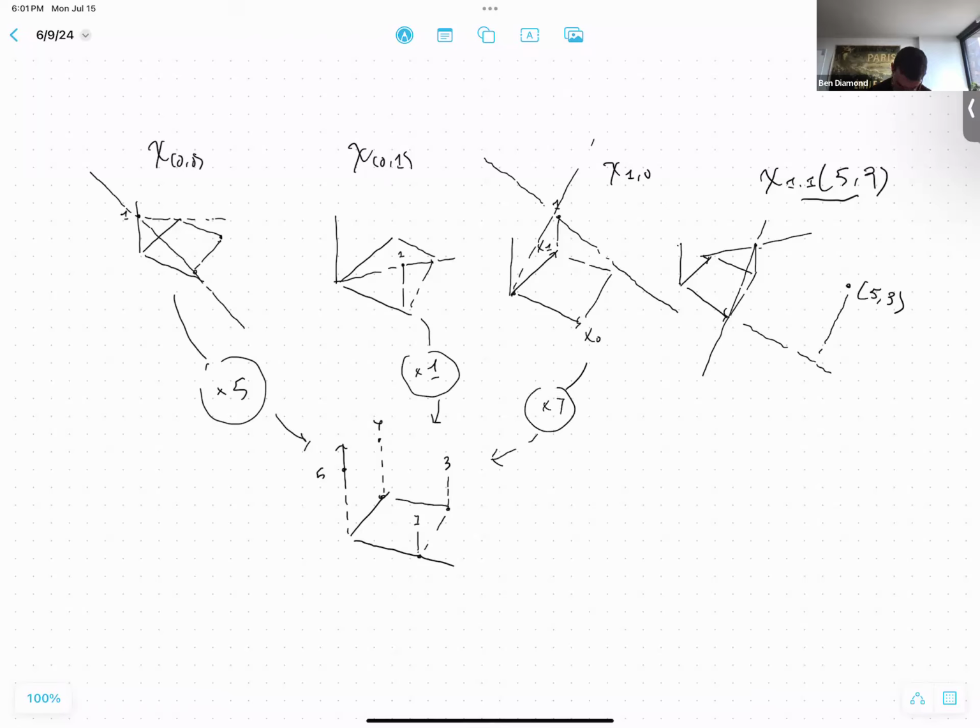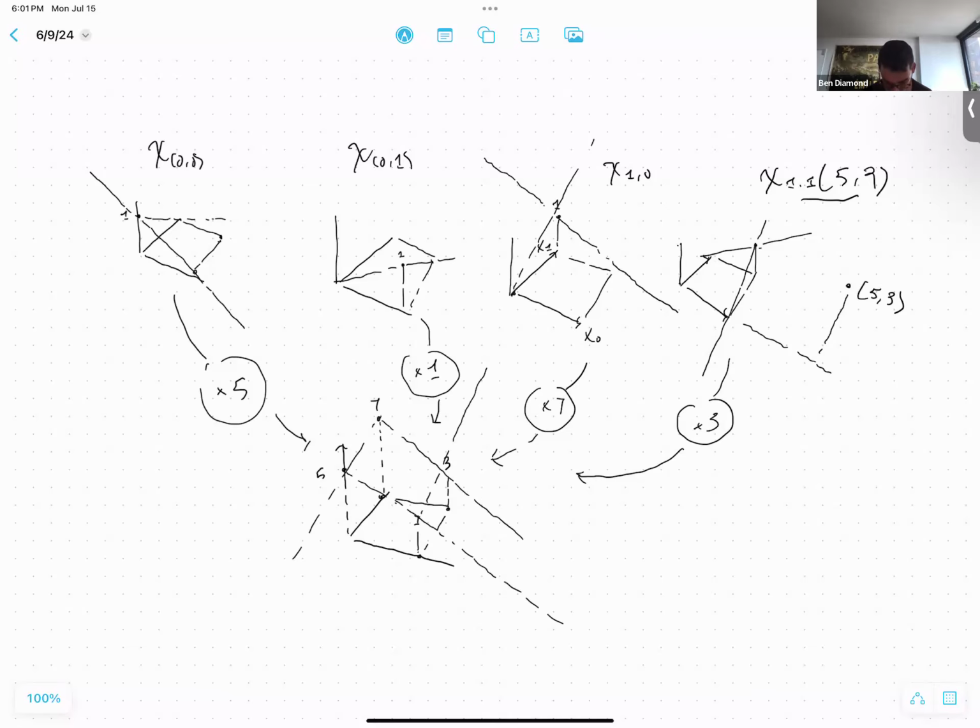I can always scale and then I can always add, and next thing you know, you get the thing you want. So this is some kind of plain looking thing.